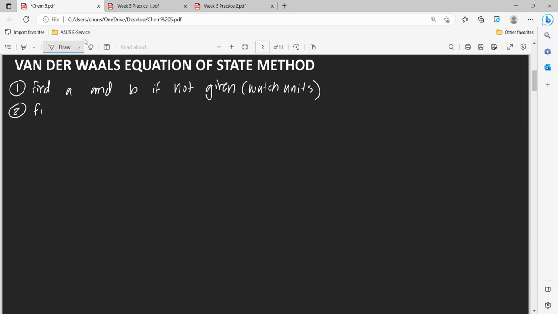Second, find average A and B if needed. So if you're working with a system that has, so I'm going to say mixed system.